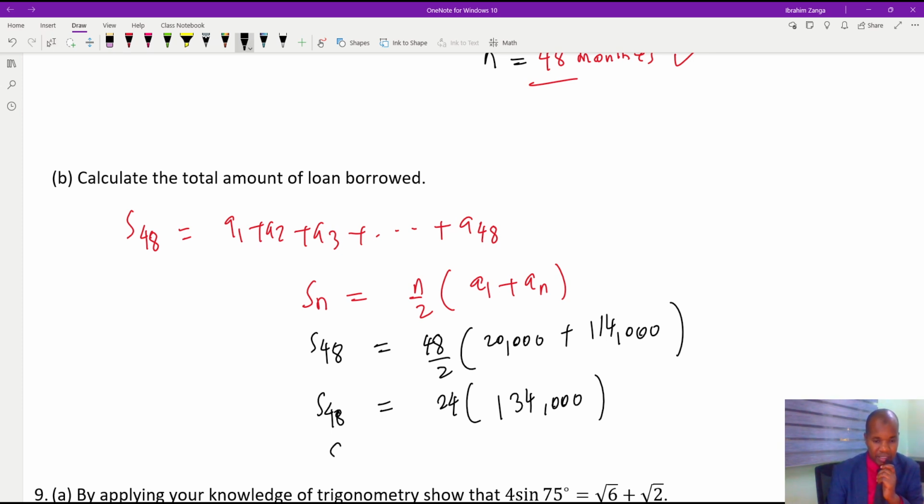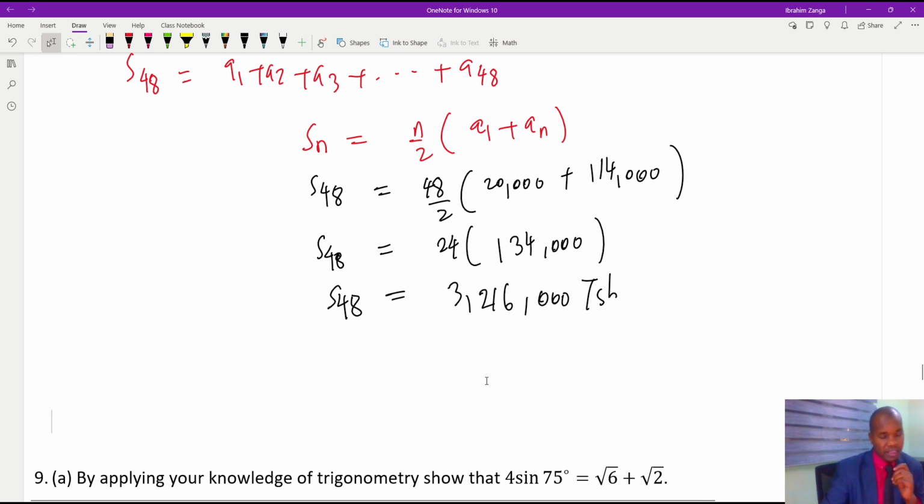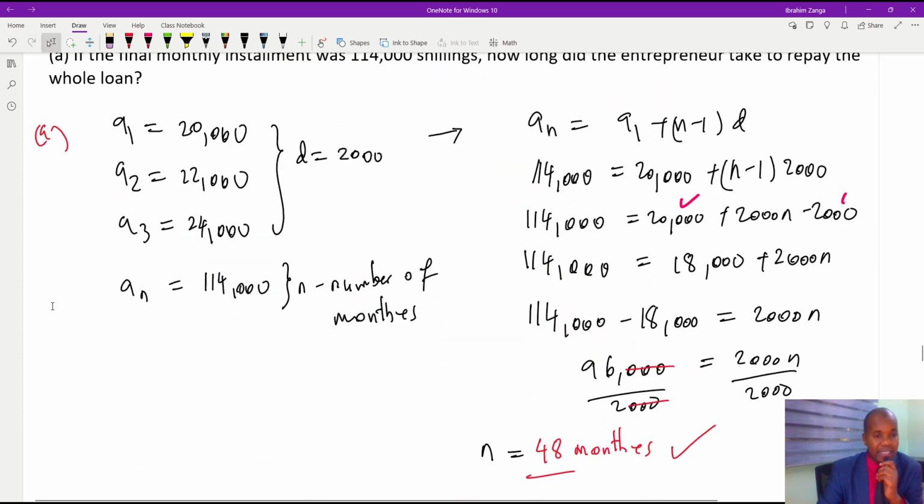Eventually you get the total amount of money repaid, which is 3,216,000 Tanzanian shilling. So the total amount of money borrowed is 3,216,000 shilling. That is the solution for question number 8.